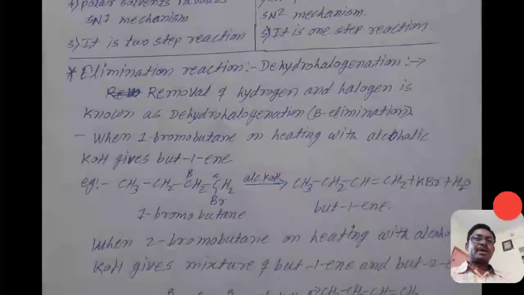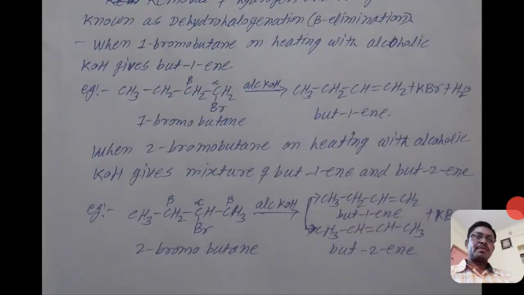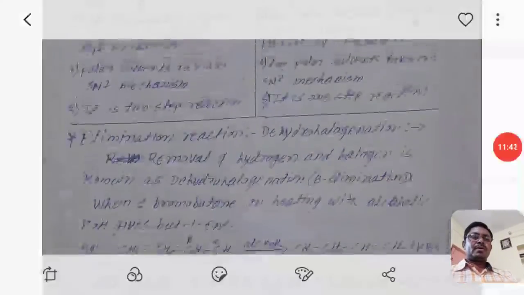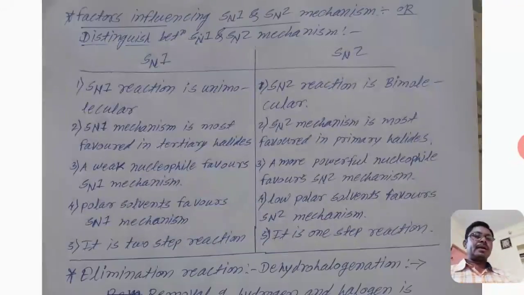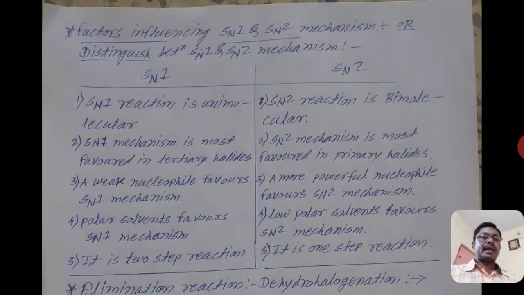It is an elimination reaction. There are two examples: in the first, there is only one beta hydrogen atom; in the second, there are two beta hydrogen atoms, so we get a mixture of but-1-ene and but-2-ene.